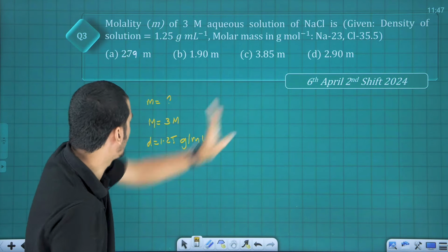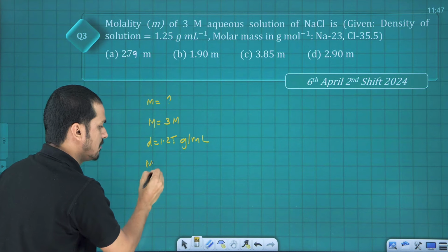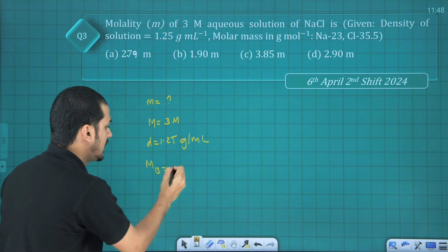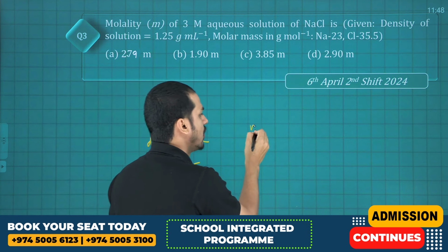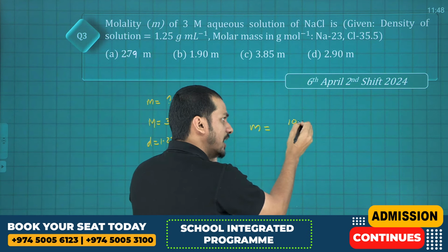Then again, the molar mass of NaCl is 58.5. If you know this much, we can easily find the molality. What's the formula I taught you?